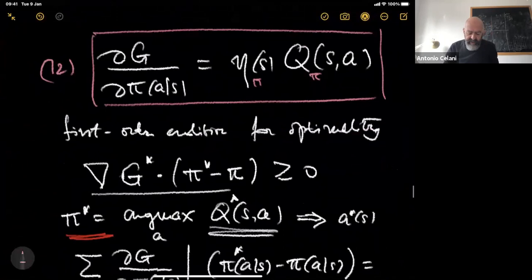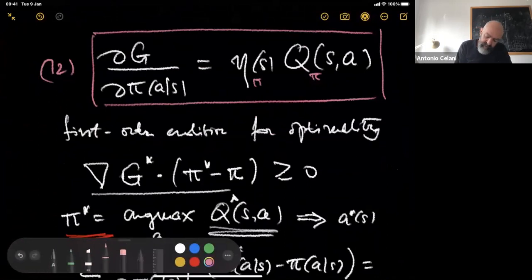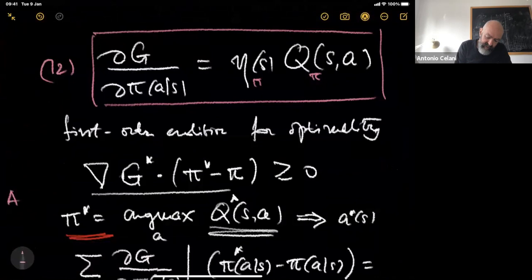Because we are going to assume that the policy which optimizes my G is given by this, a property of my Q star function at optimality.